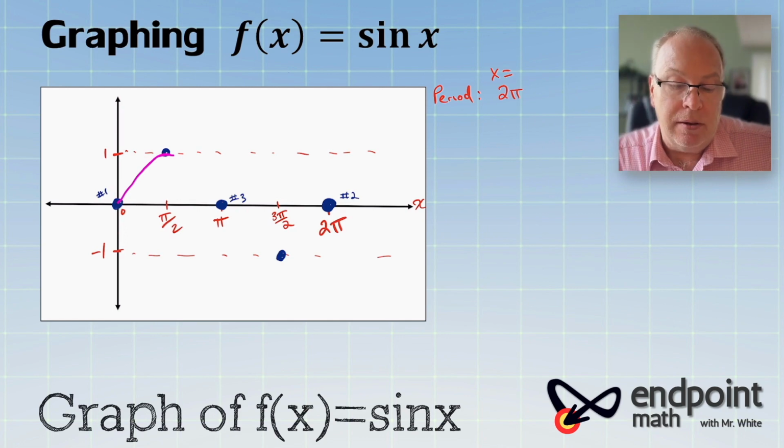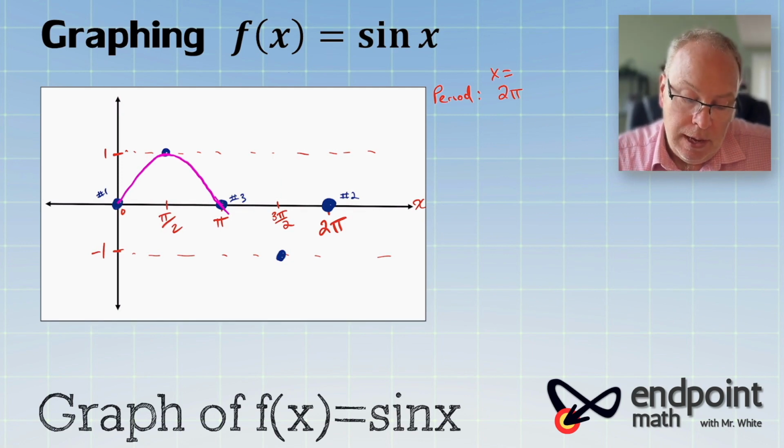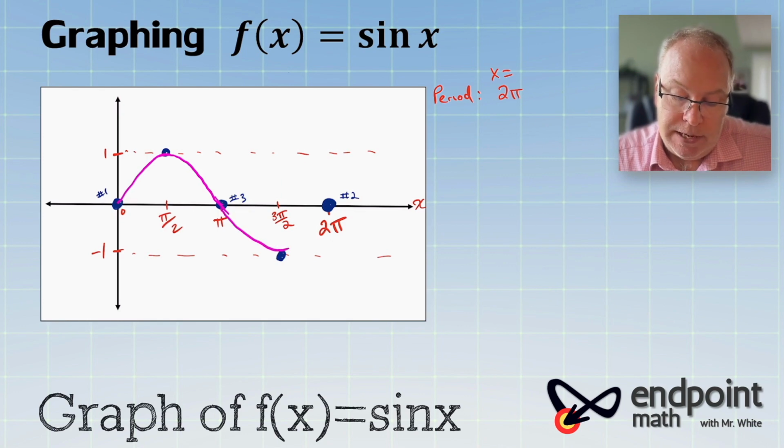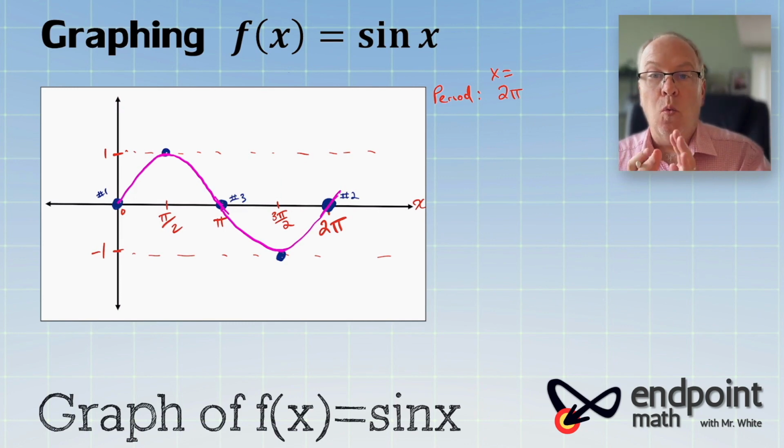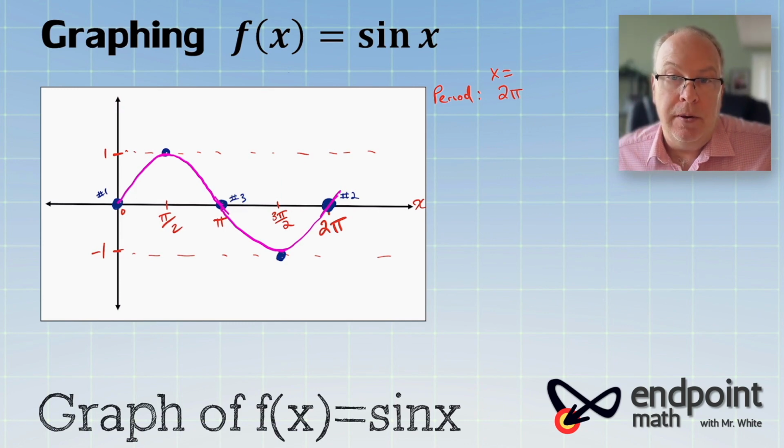So I always like to point out to students it actually goes at a 45. So right here is going to be another 45 when it cuts through this spot. And then it goes down here, bottoms out at -1, and then it's back to here again. That's called 1 period.